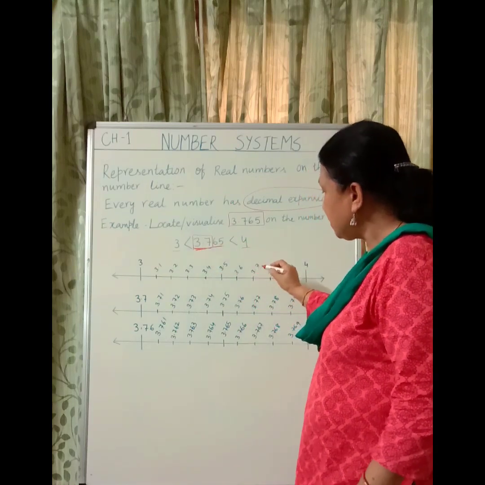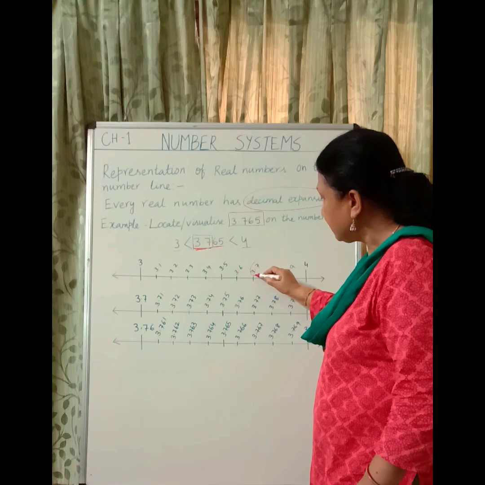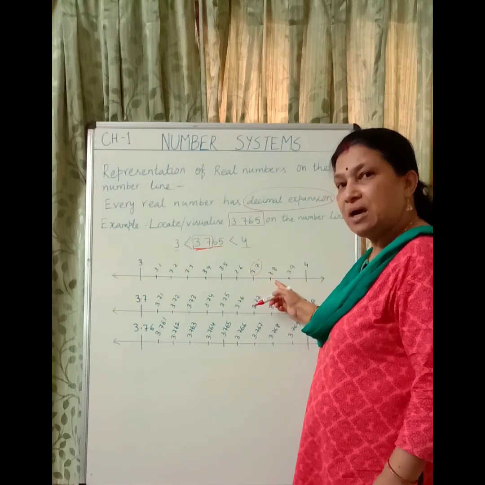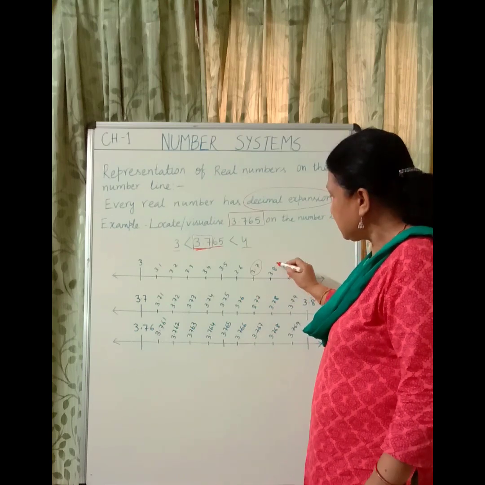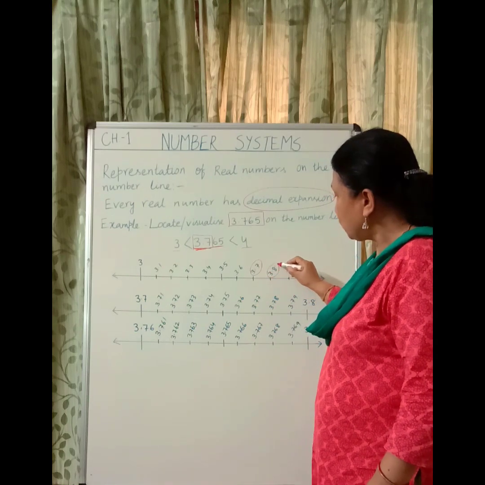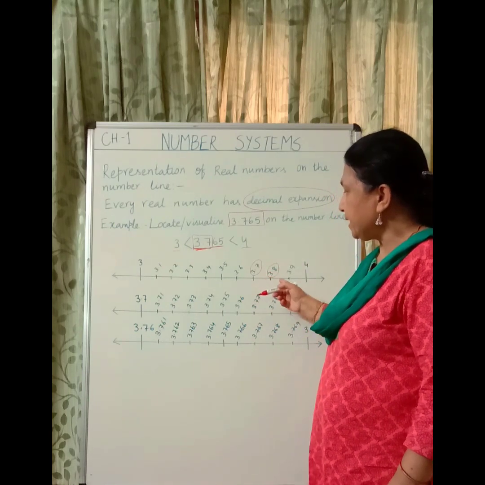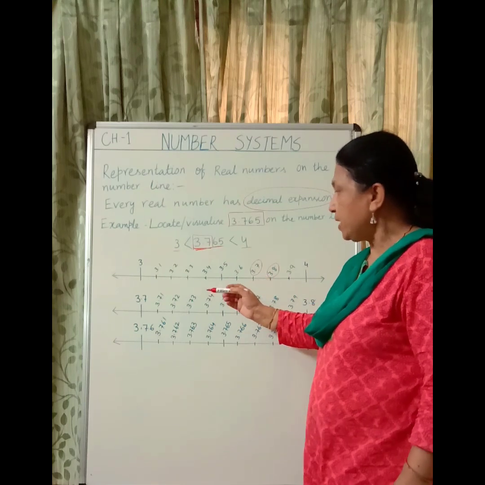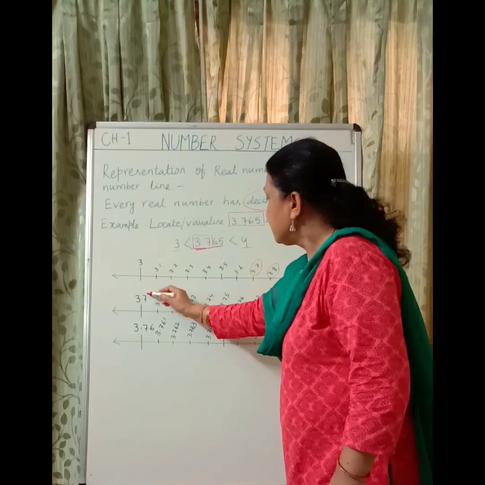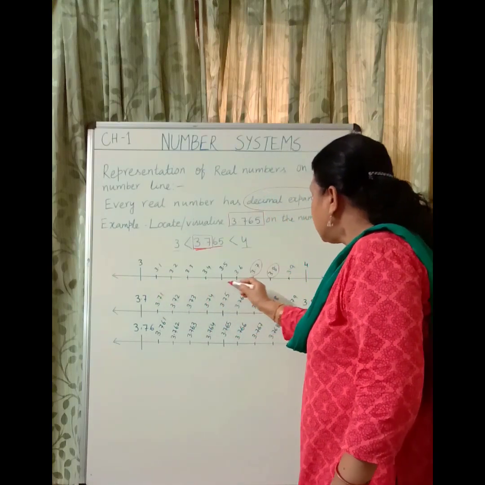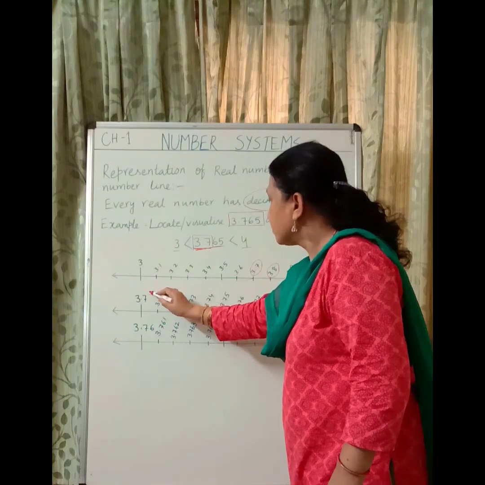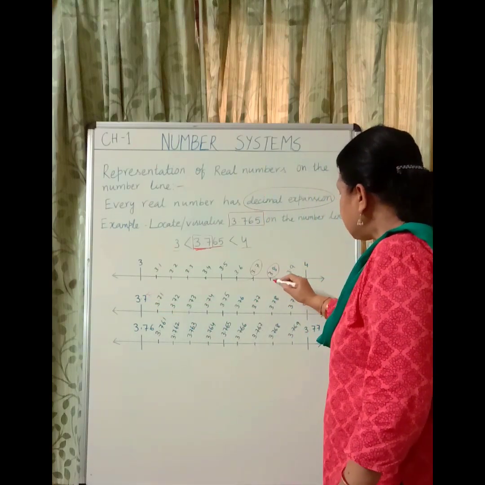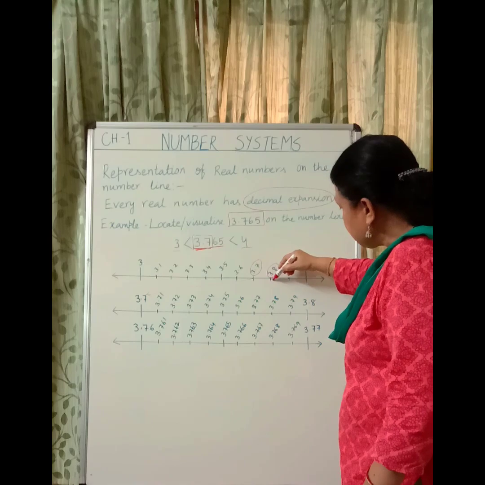And here you can notice one thing, we have to take 3.7. We have 3.7 here. And what is the next decimal number after 3.7? That is 3.8. So we will be taking the next number line. The beginning of the number line will be 3.7 and then here it is 3.8.